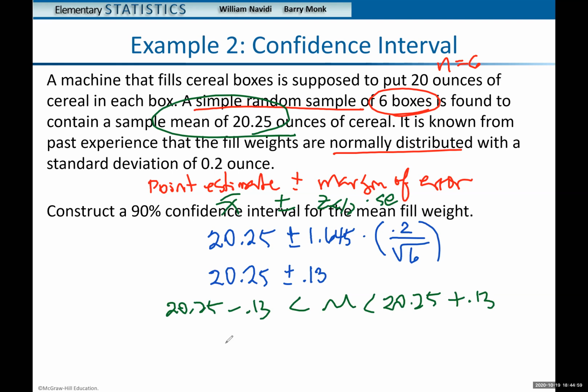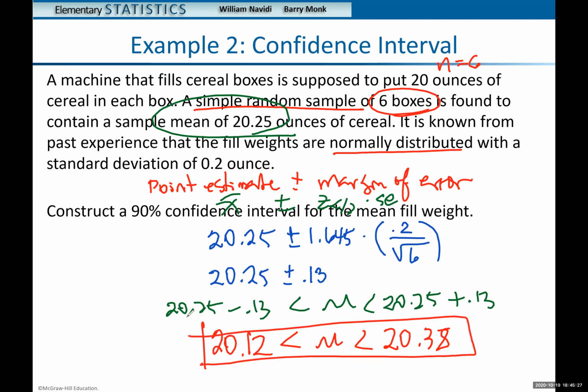So what's the answer here? 20.12, and 20.38. Yes, thank you. So this is your confidence interval, 20.12 and 20.38.